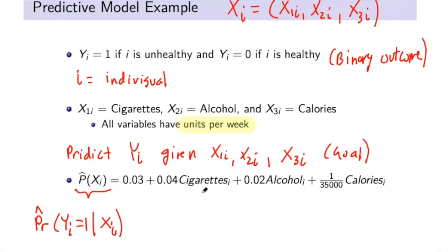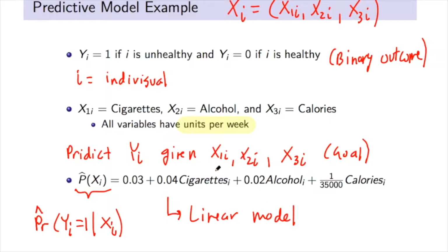And something I should mention about this model is that this is a linear model. So the predicted probability is a function of the data, but the key here is that this is a linear function of the data. And there are nonlinear predictive models, and we're going to get into that in later videos. But right now, we're just being as simple as possible so we can understand the key ideas.